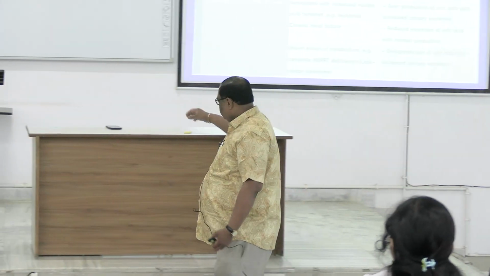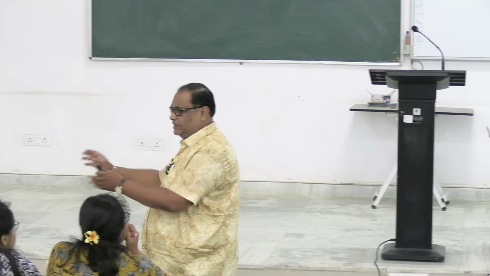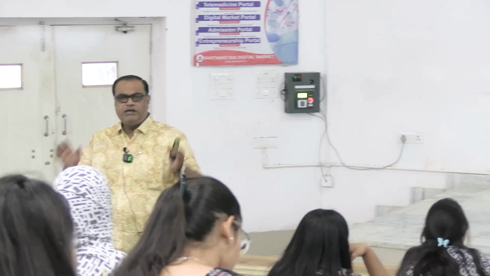Gout, depending on the cause, we can classify primarily into two classes: primary gout and secondary gout. Primary gout means which is related to the purine catabolic pathway defects only. They are called primary gout.